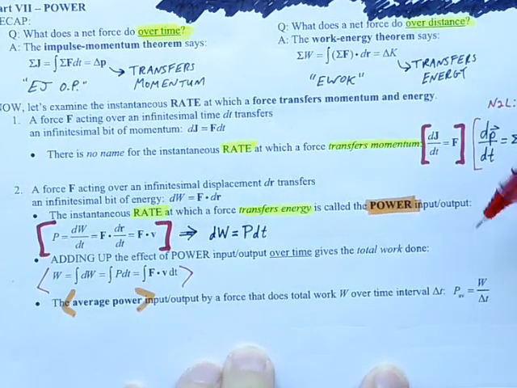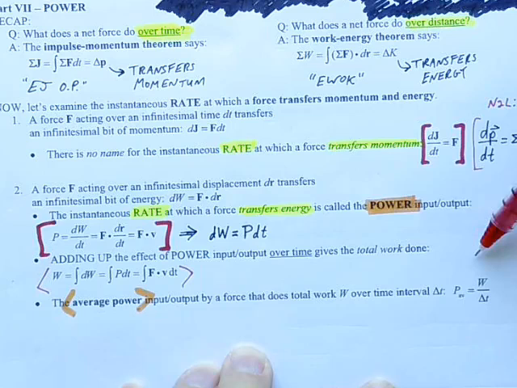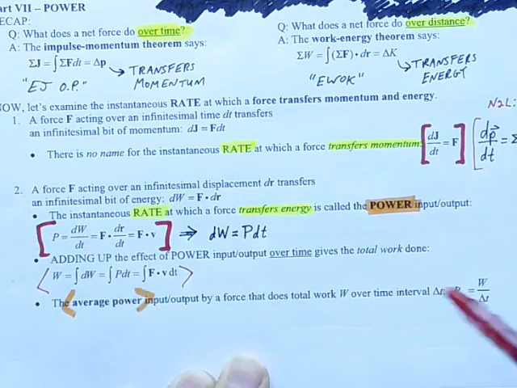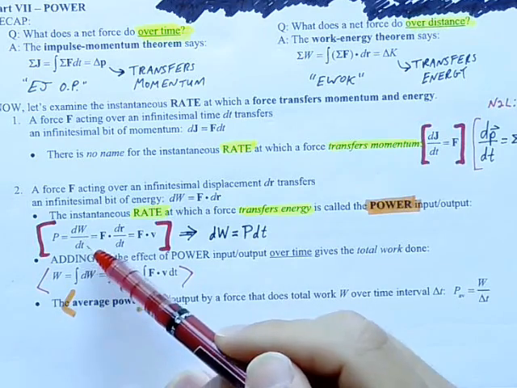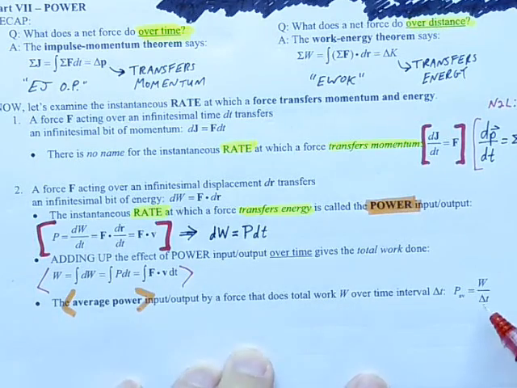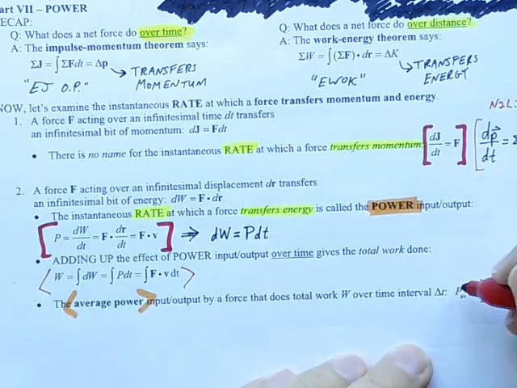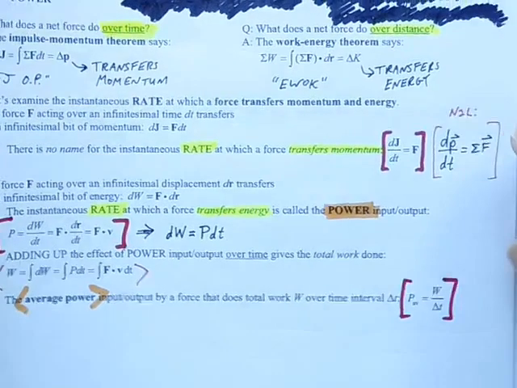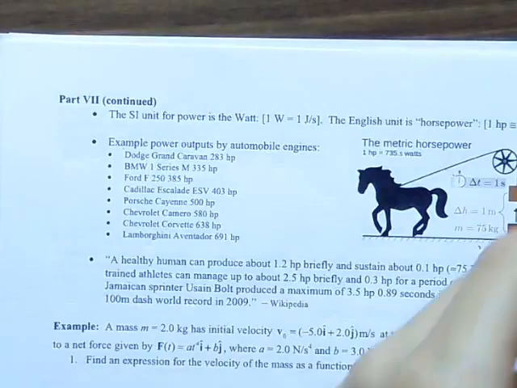The thing is, a work always represents some change or some transfer in energy, so we never write delta W. The work is already understood to be a change in energy. So replace this with the total amount of work done, W, and replace dt with the total time that's elapsed, delta t, and that gives you the average power input or output during that time interval.